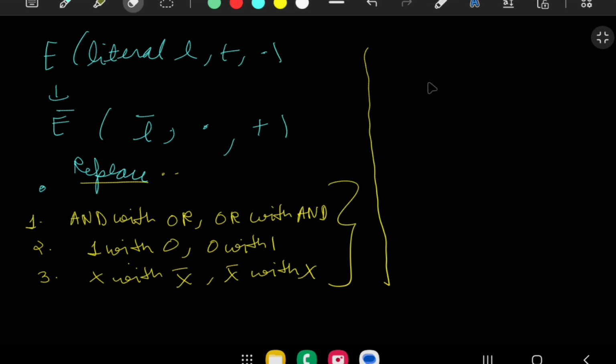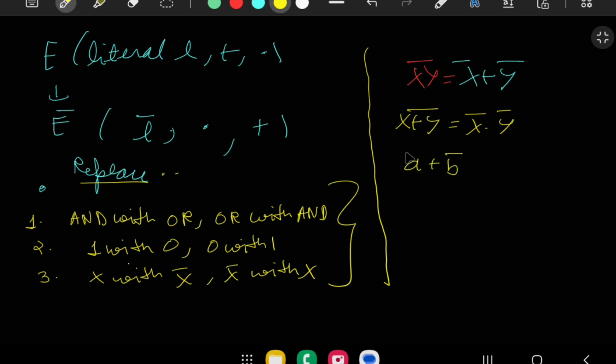So now you can have an example over here. x y bar. So you can have x bar plus y bar. So this is (x plus y) bar equals x bar dot y bar. So (a plus b bar) and c bar.